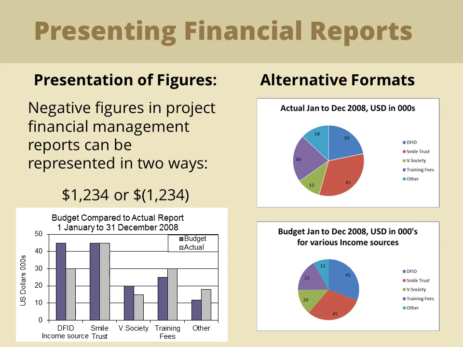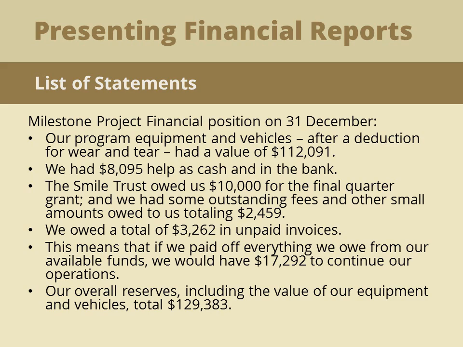A pie chart for an income and expenditure report is also another example of an acceptable format when presenting tables of figures, especially for people who are less confident around figures. Similarly, rather than presenting actual figures, you might simply present a list of statements, such as in this example of an alternative standard balance sheet format.